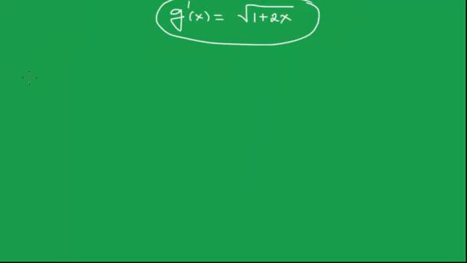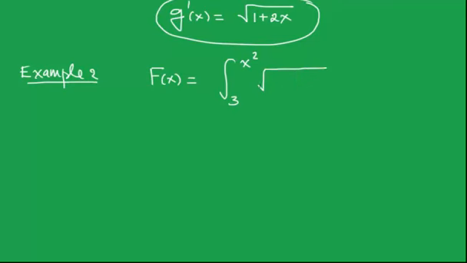Example 2. Consider capital F of x to be the integral from 3 to x squared of the square root of 1 plus t cubed dt. We want to find f prime of x.